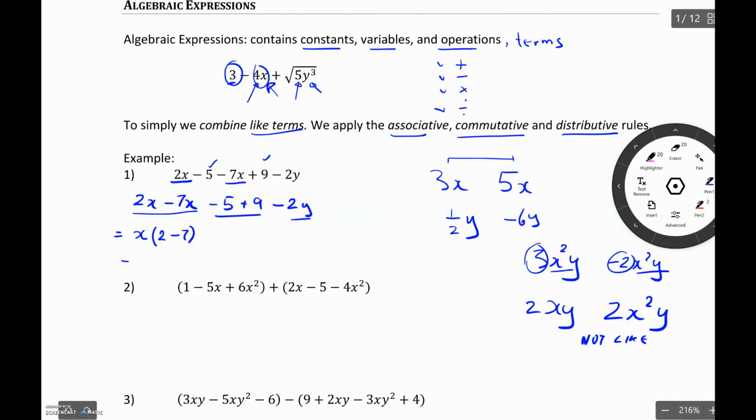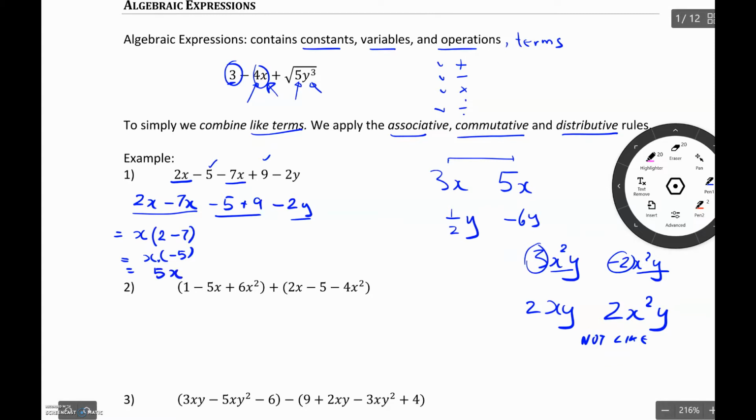Let's just continue with this part, which is the same as x times negative 5. But again, multiplication is commutative, which means the order makes no difference. So I could write this now the same as negative 5x.